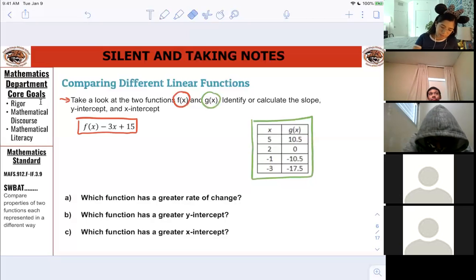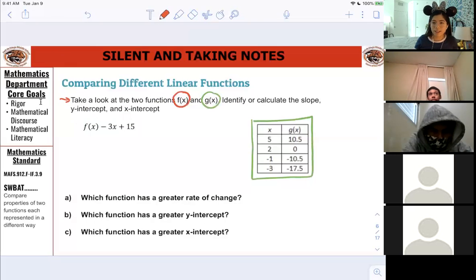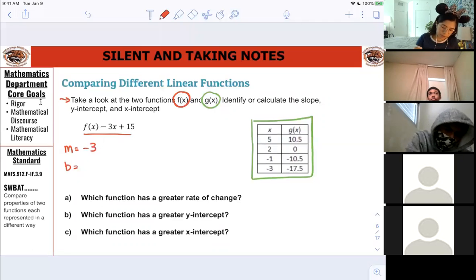All right, so this equation is actually easier. If you have an equation, you can already get two of the three answers without any work, because my equation tells me the slope and the y-intercept. What is the slope? -3. What's the y-intercept?